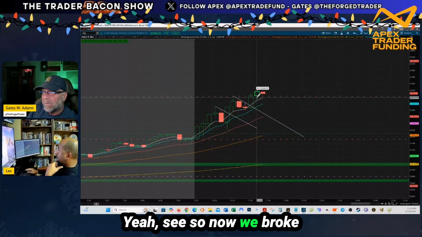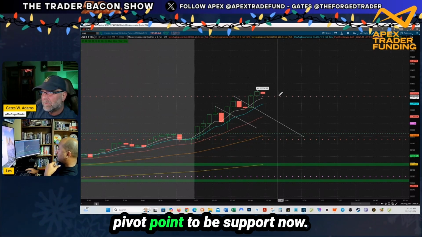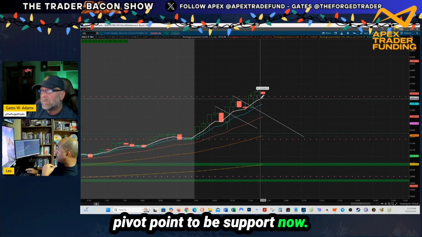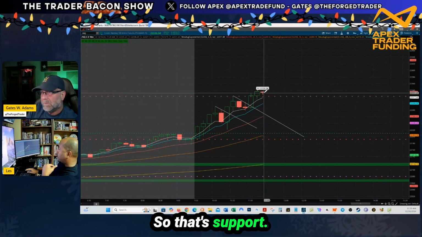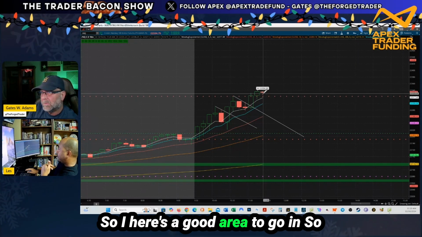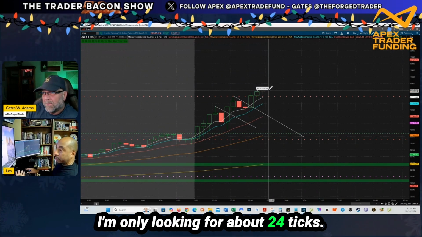Yeah, see, so now we broke over and we've closed over the pivot point. So I'm expecting the pivot point to be support now. And then you have the 5 EMA right below it. So there's support. So here's a good area to go in. I'm only looking for about 24 ticks.